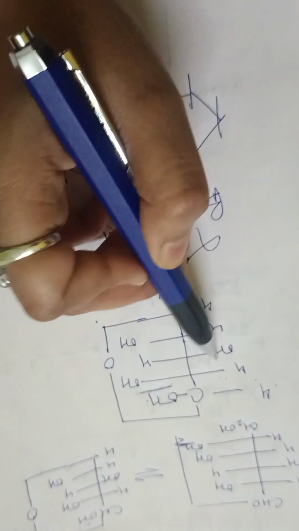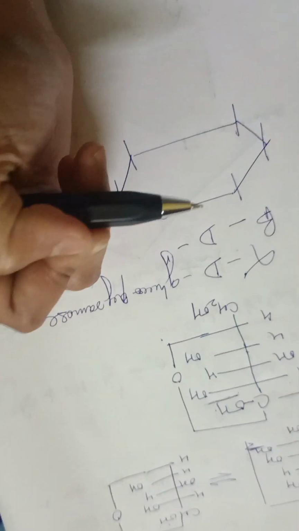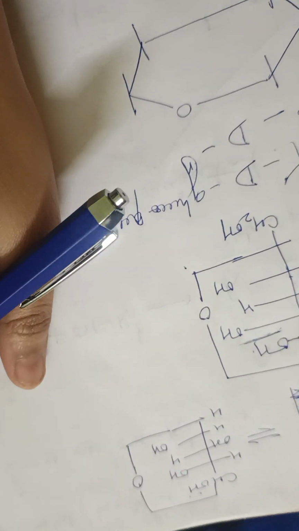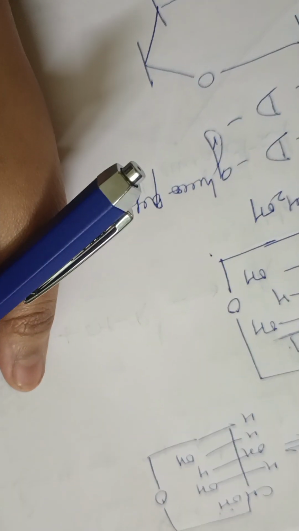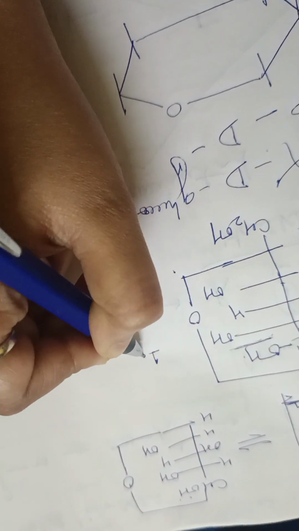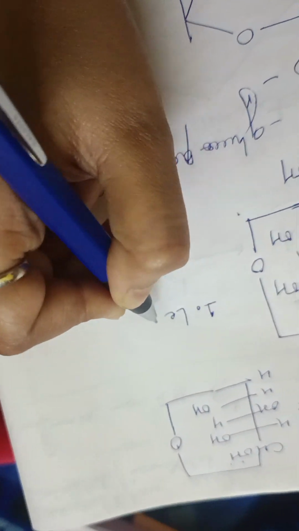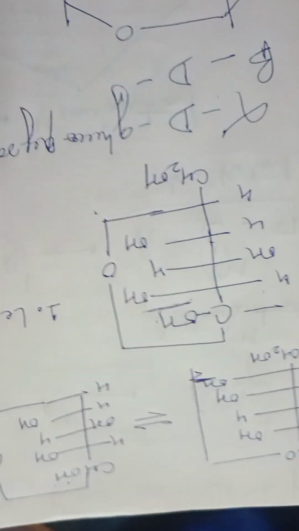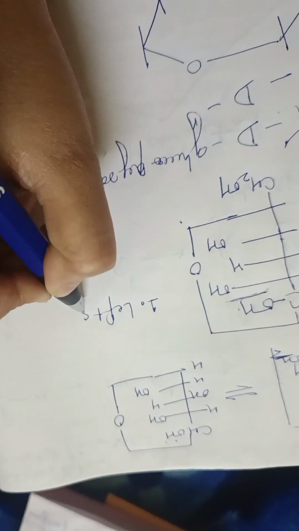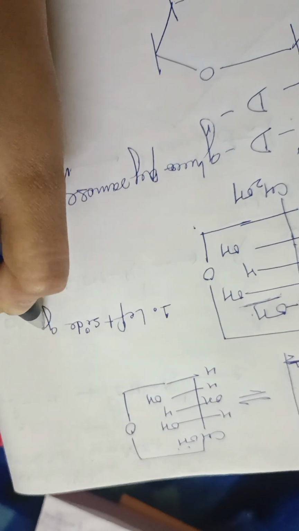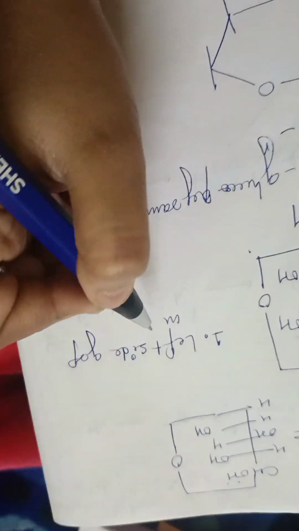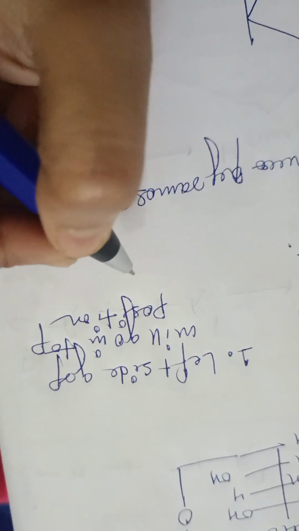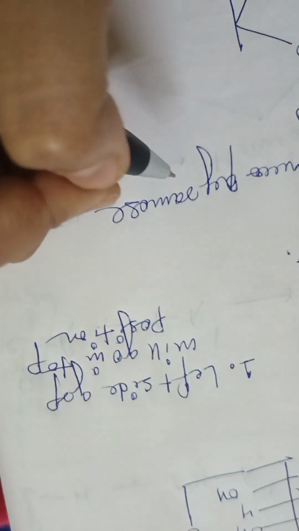Now how will you place this? A simple technique: the left side group will go in the top position. Similarly, the right side group will go in the bottom position.